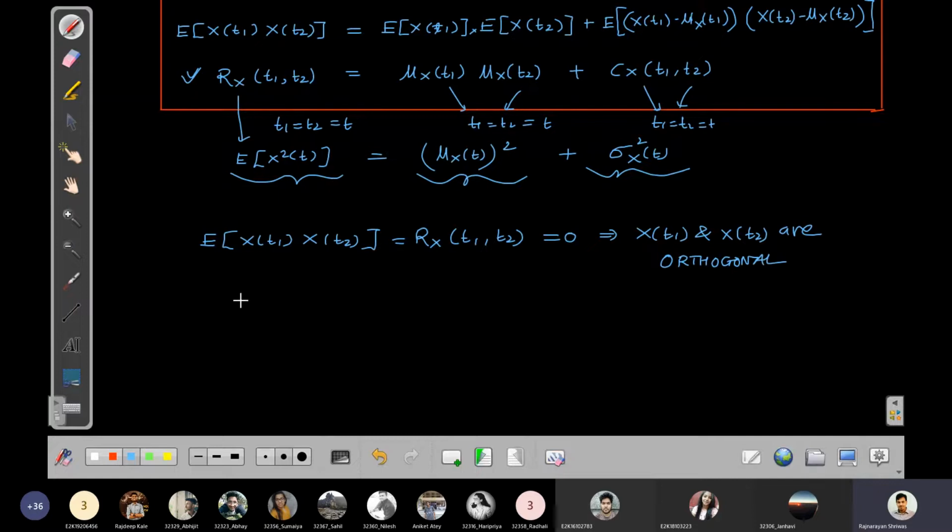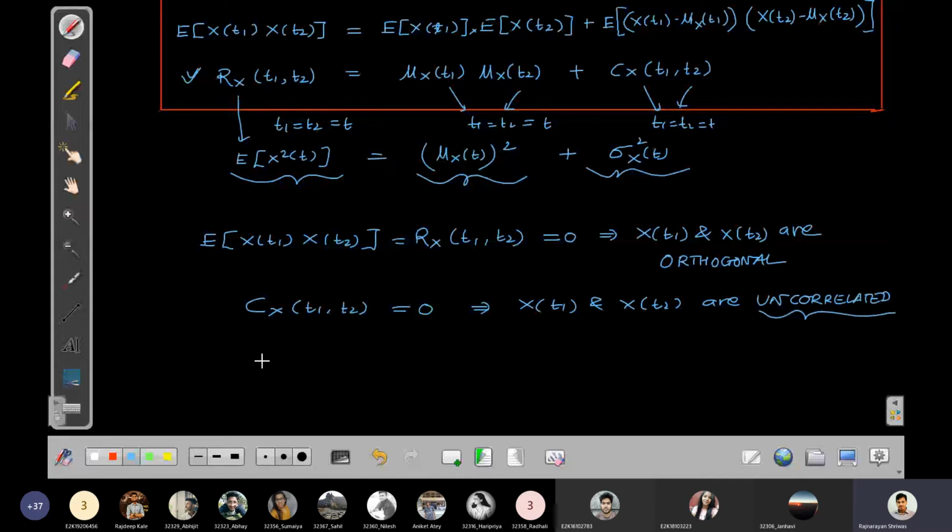And when you take covariance C_X(t1, t2), if it is 0, then we say that xt1 and xt2 are uncorrelated, which is linear independent. So uncorrelated is something like linear independency. So this is the meaning of this.